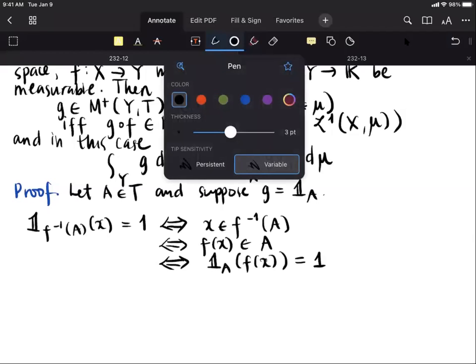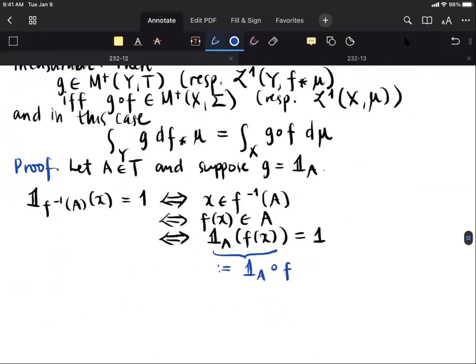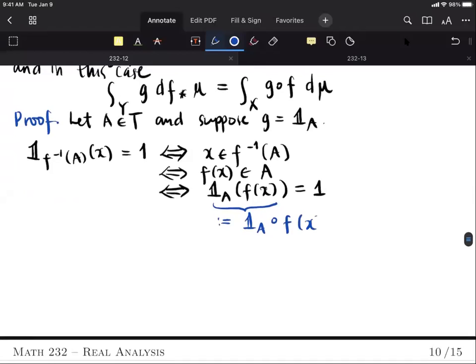But take note that this is the same as the composition of the characteristic function with f evaluated at x. So from this, we see that the characteristic function of the inverse image is the same as the composition of the characteristic function of A with f.